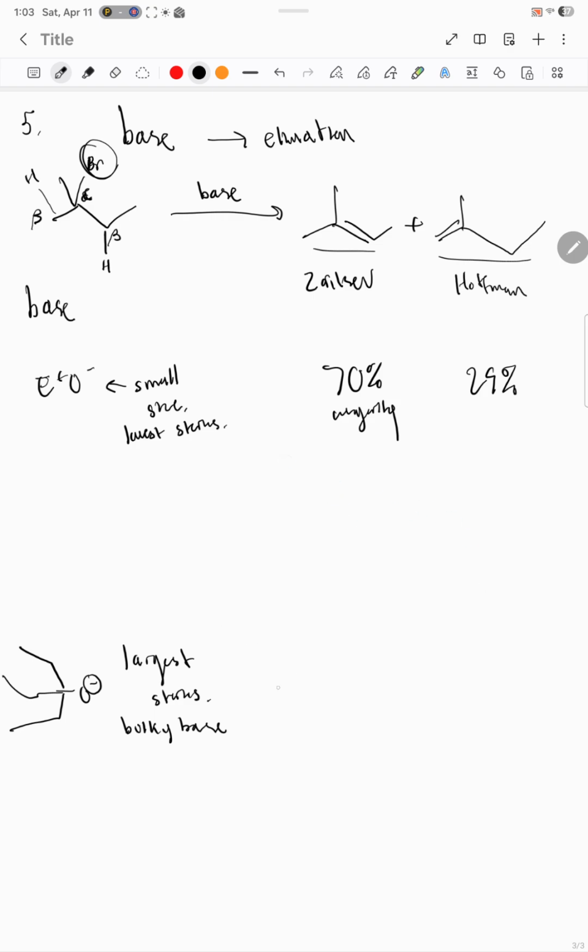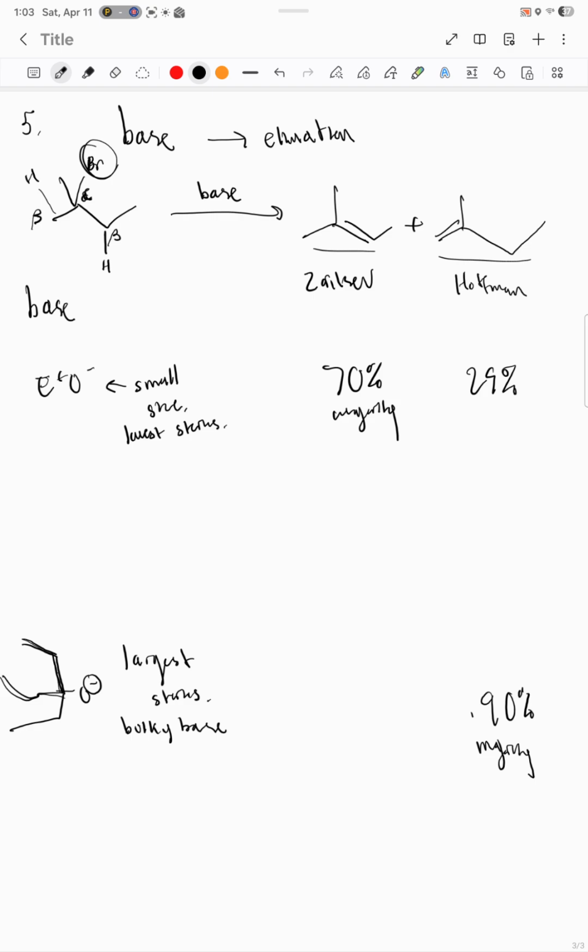This is something bigger than that. But there's a lot of stuff constituting this base. So what happens then? Then the Hoffman is the majority. So again, larger sterics favor Hoffman. Smaller sterics or less bulky favors Zaitsev.